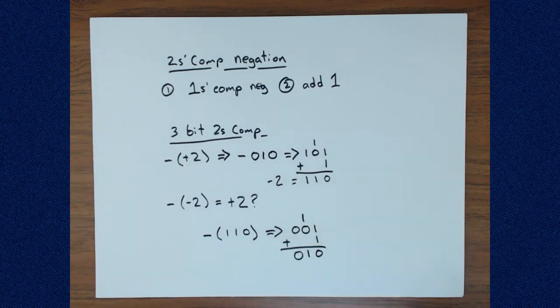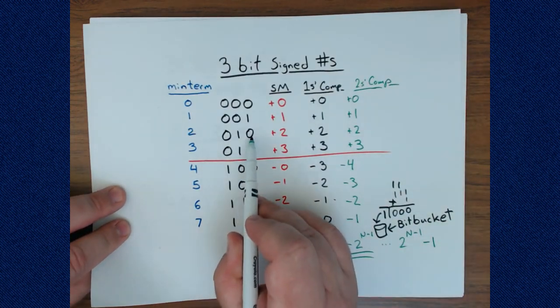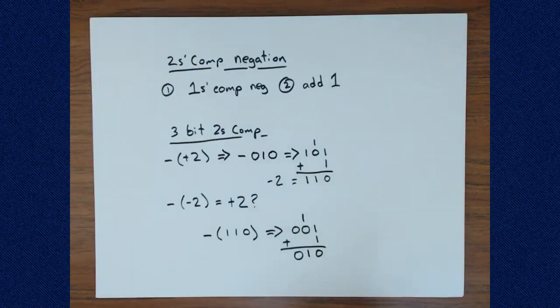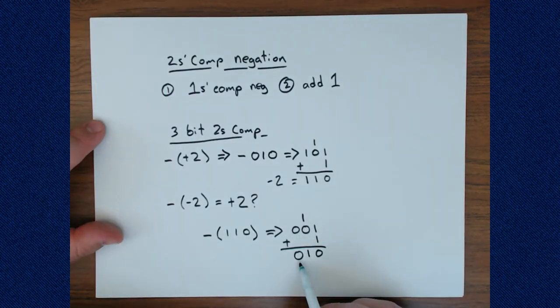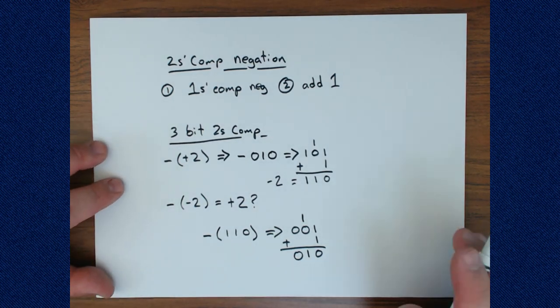And so we end up with the bit pattern 0, 1, 0, which we can interpret directly from our slide, 0, 1, 0, as a +2, because the sign bit is a 0, which means it's positive, and so the rest of the bits are effectively just the magnitude.